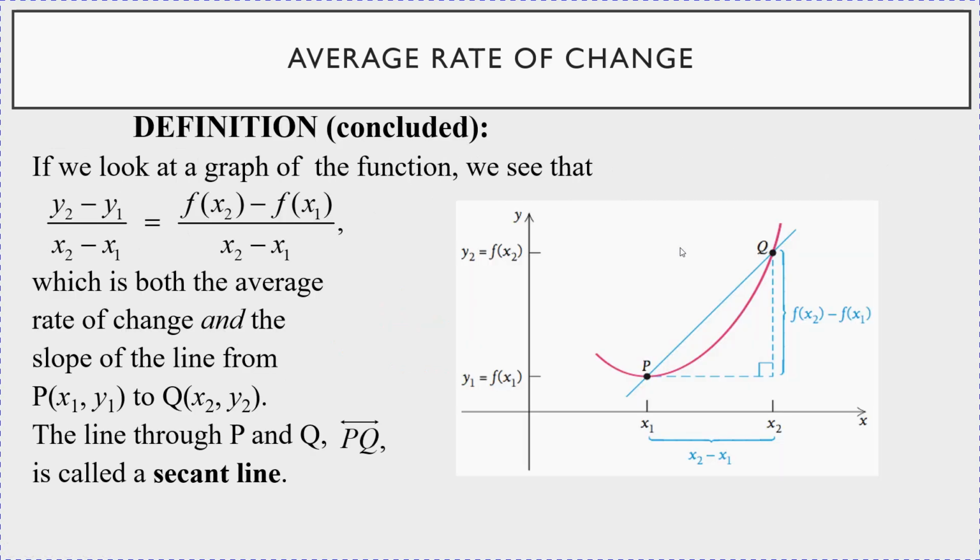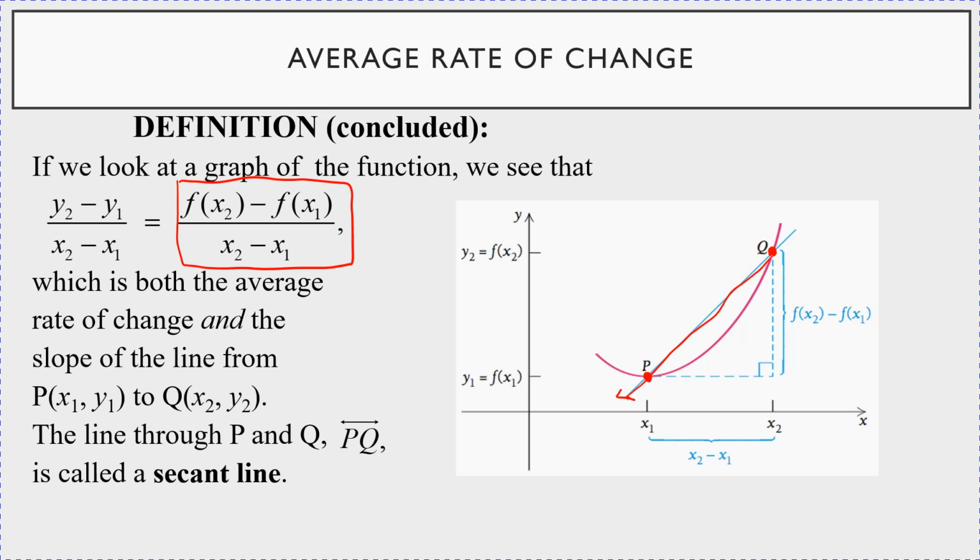So if we expand on this with the function notation, if we look at the graph of the function, instead of using y2 and y1, we see that our average rate of change here is given by f of x2 minus f of x1 divided by x2 minus x1, which is both the average rate of change and the slope of the line from this initial point here, P, to this point up here, Q. I've also talked about this in the first video of the class.